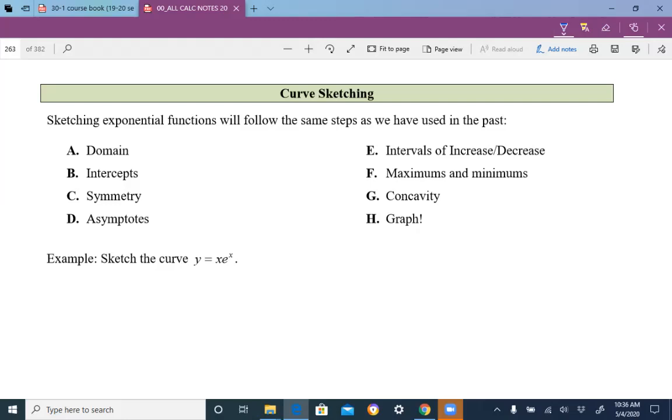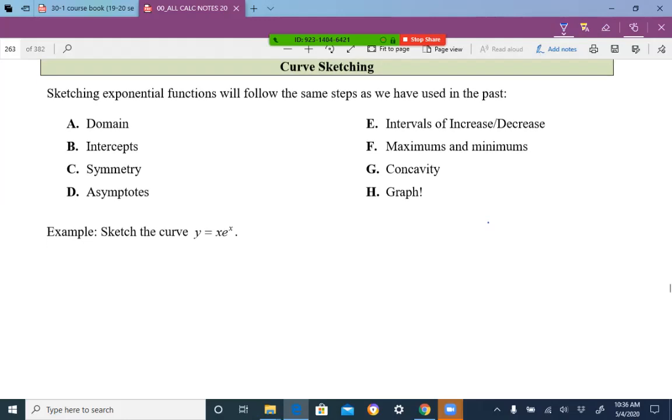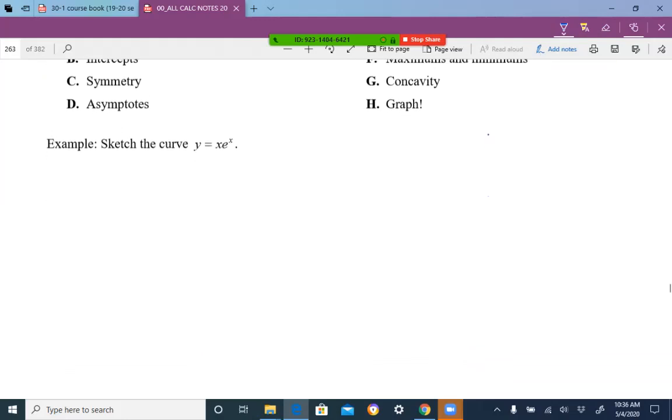If we have a vertical asymptote, looking at both from the left and right, horizontal asymptotes going to positive infinity or negative infinity for x. First derivative and then intervals of increasing and decreasing, maximums, minimums, second derivative, then concavity, and then putting it all together as a graph. So we're going to go through this with y is equal to x times e to the x.